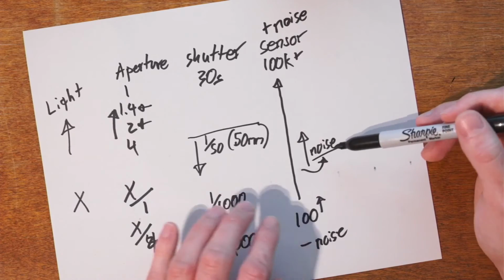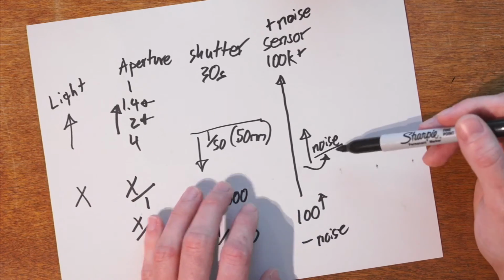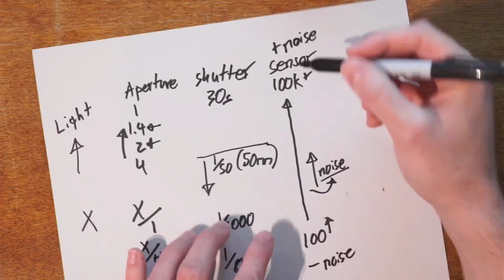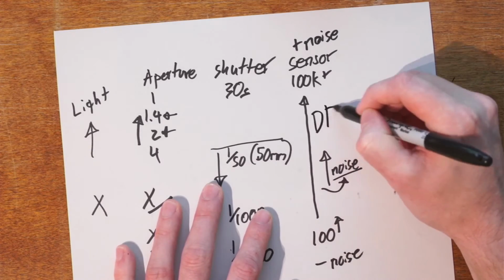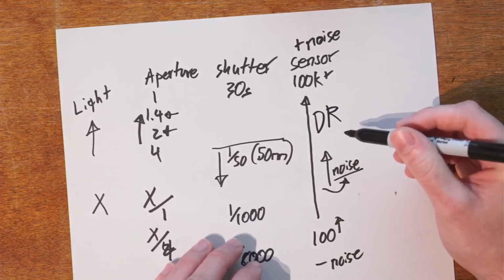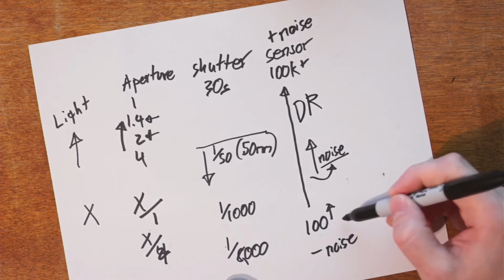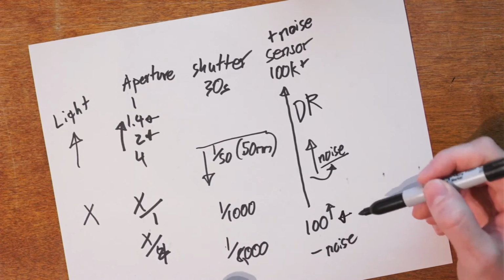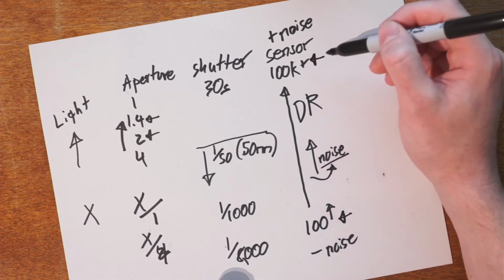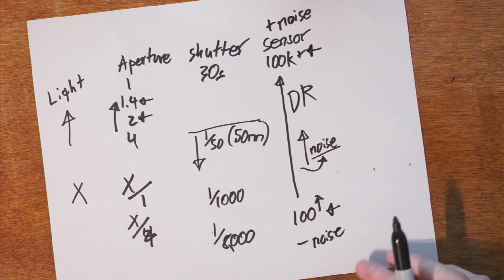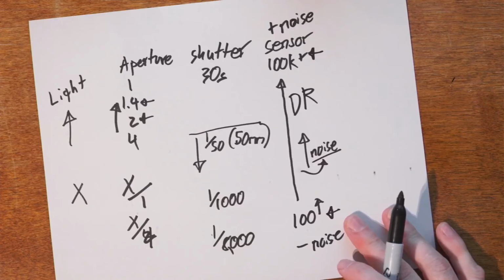You can also have issues with dynamic range. We're not going to talk about that here, but you can have issues with dynamic range. Most cameras' ideal dynamic range is actually not at their low value, and it's definitely not at their top value. What that often looks like, let me just do it on here.